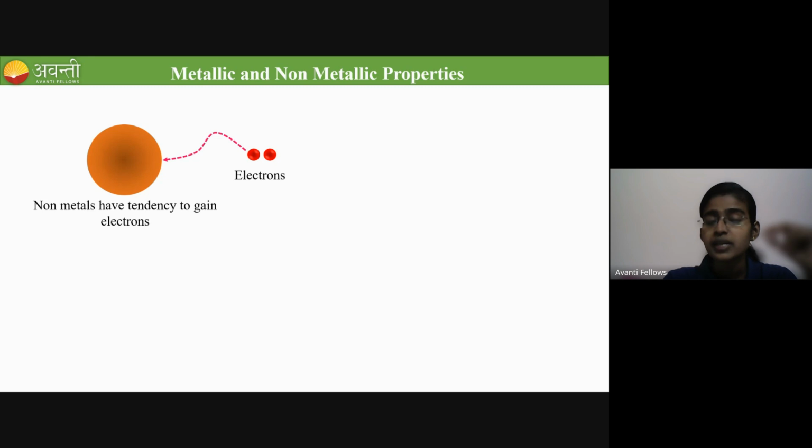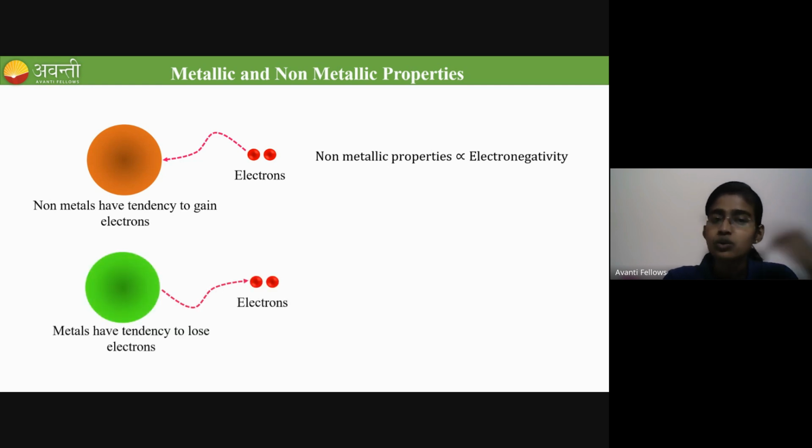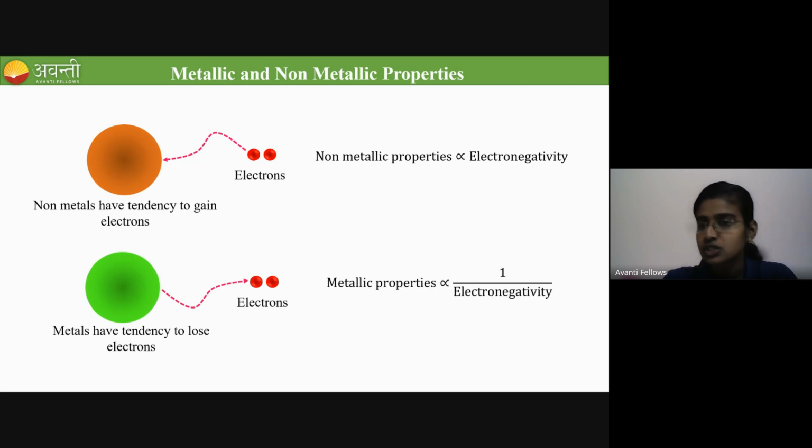So non-metallic nature is directly proportional to electronegativity. The one which is more electronegative in nature is more non-metallic in nature. And generally, metals always try to lose their electrons. So metallic properties are inversely proportional to electronegativity. When the metallic property is very high, electronegativity is very low.